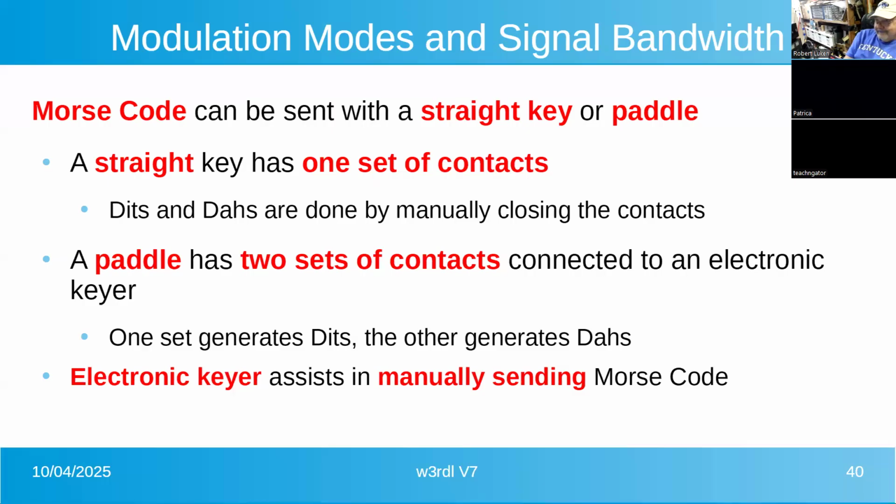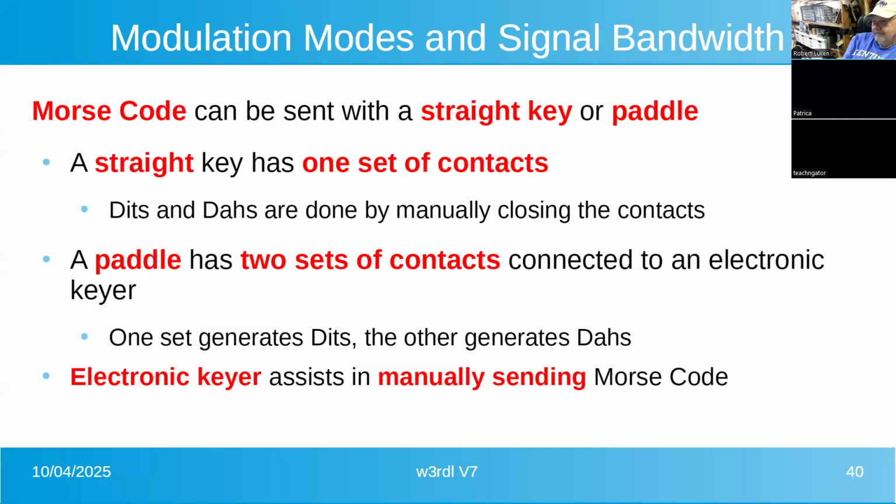So for a DIT or a dot, that's 1 unit of time. And a dash or a DAH is 3 units of time. And you have to allow 1 unit of time between them. And then 3 units of time between letters and 5 units of time between words.